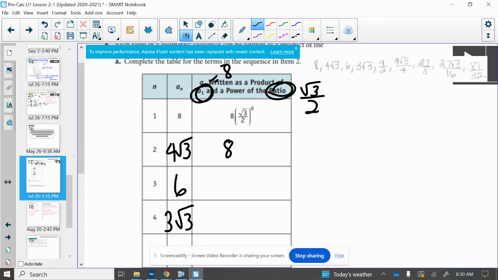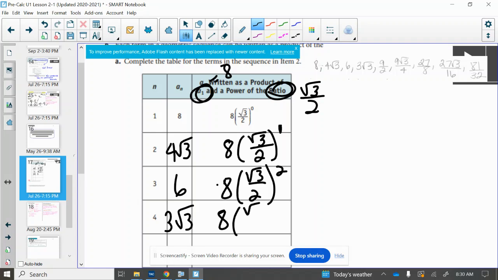And we start putting this in terms of our first term and our common ratio. In order to get 8, we had to do the square root of 3 over 2 to the 0 power. To get 4 square root 3, we'd have to take 8 times square root of 3 over 2 to the first power, or 8 square root of 3 over 2 to the second, 8 square root of 3 over 2 to the third.